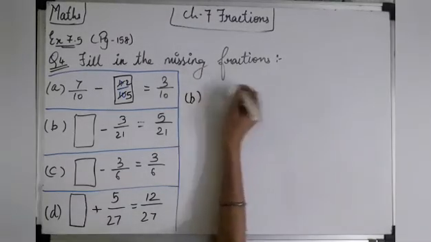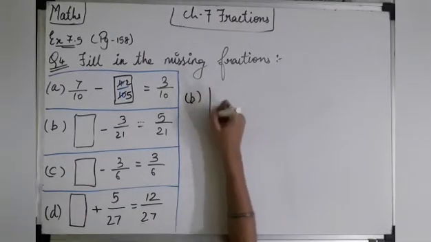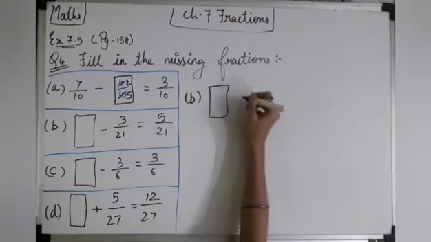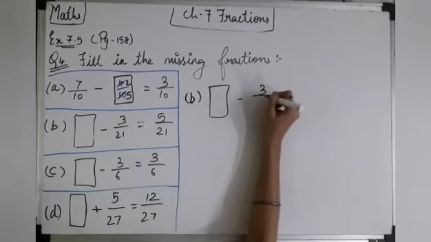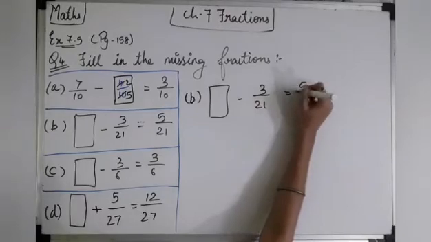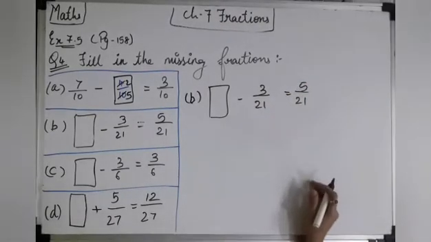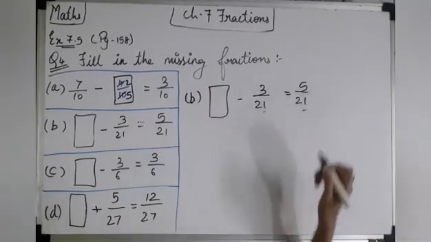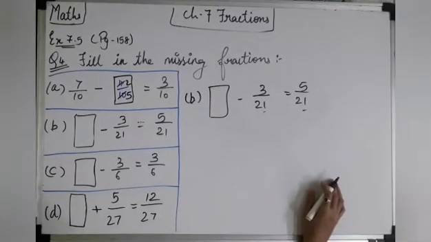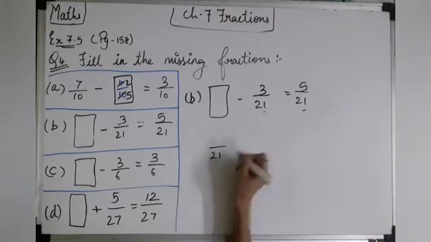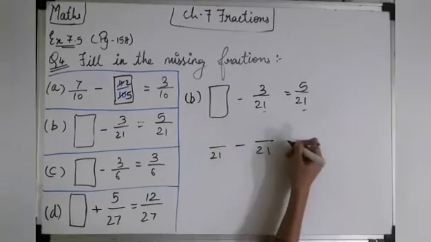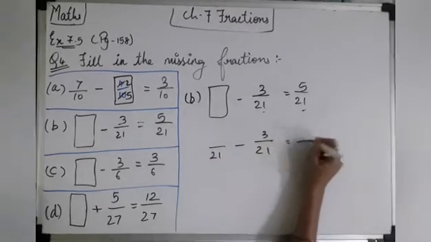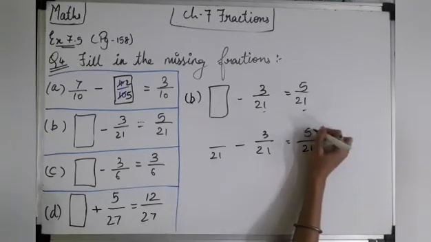Coming to B. Dash minus 3 upon 21 is equal to 5 upon 21. Here also you can see that in the question 21 is written, and after the equals sign also 21 is written. So when both denominators are the same, we put it in the conclusion also, right?